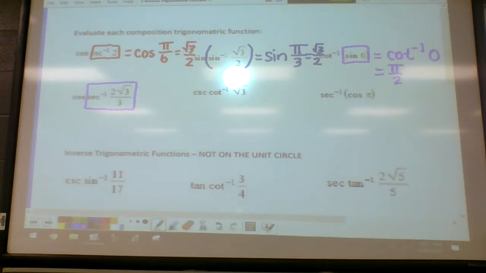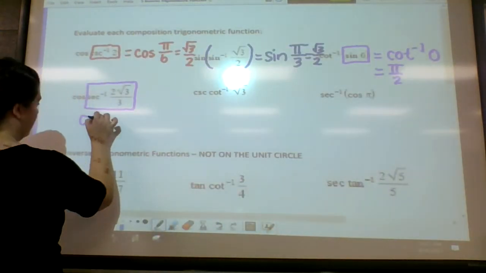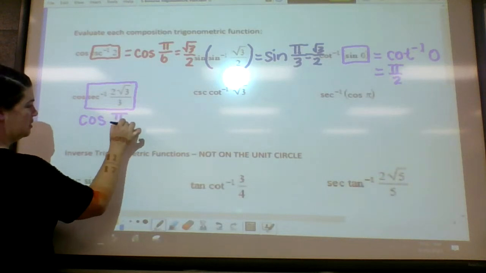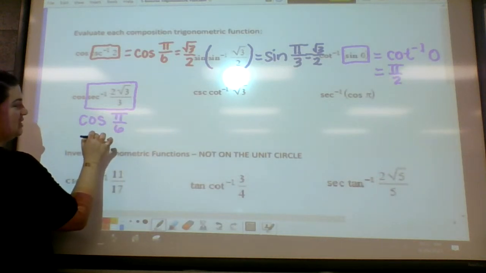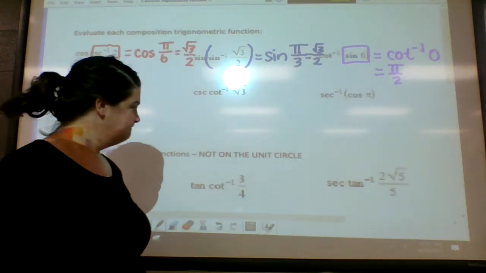So cosine needs to be square root of 3 over 2. So where is the cosine square root of 3 over 2? At pi over 6. So then we're saying, what's the cosine of pi over 6? Which is square root of 3 over 2.